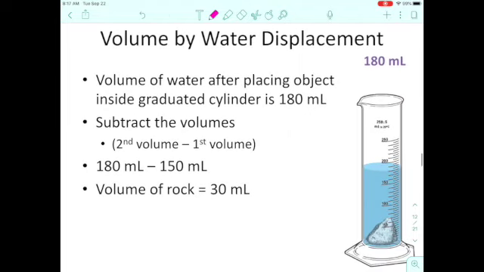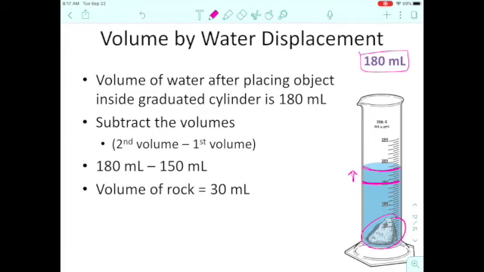Okay, so now if we put the rock in the cylinder, you can see the rock's there at the bottom. Okay, remember, we were at 150. All right, and you can see that the water has gone up. So it's now at 180. So I'm not saying that the volume of the rock is 180, but the water is now up to 180.